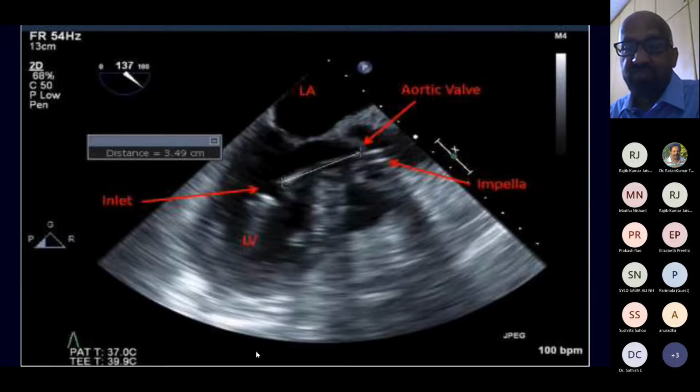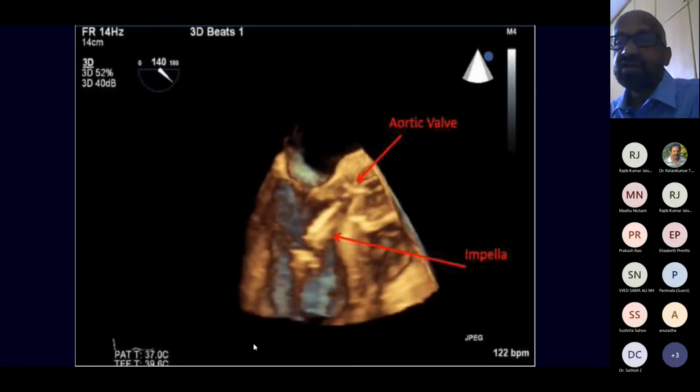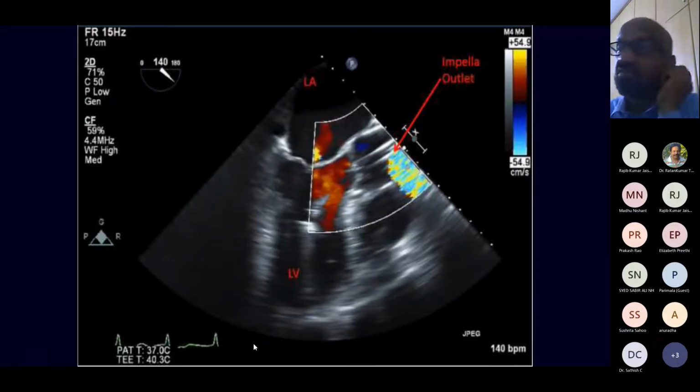This is again a 3D mid-esophageal long axis view of the impeller device. And with color Doppler, you can see that the blood is taken out. There's a laminar flow here and it is let out into the aorta.